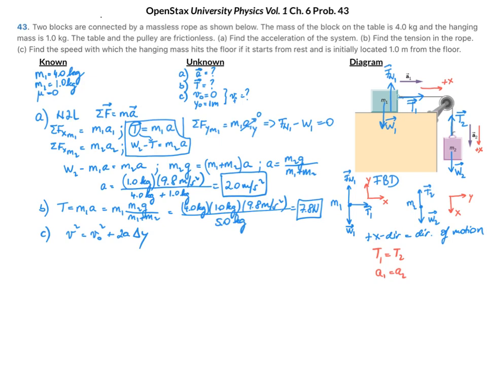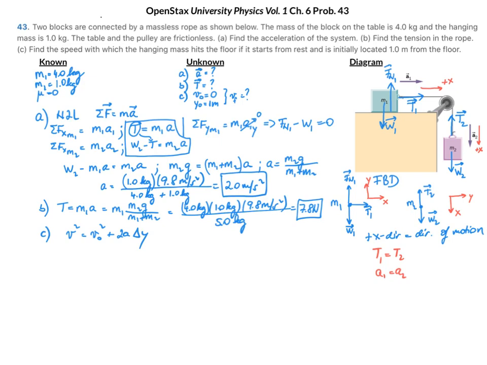And I called it delta y because I am going to redefine my x and y axes for this part, because we're used to using kinematic equations in x and y direction, and y direction is just vertical. So I'm going to use positive being up and the negative being down in the y direction, just the way we did in chapters 2 and 3 in the book.